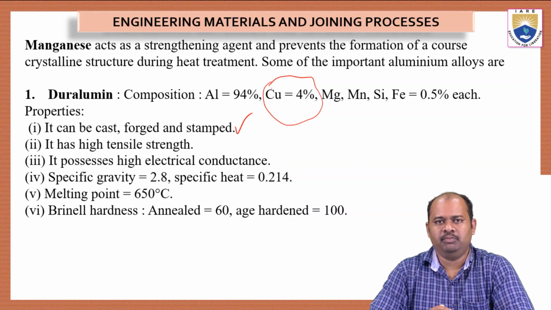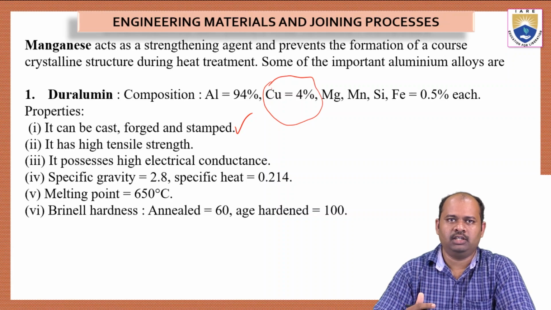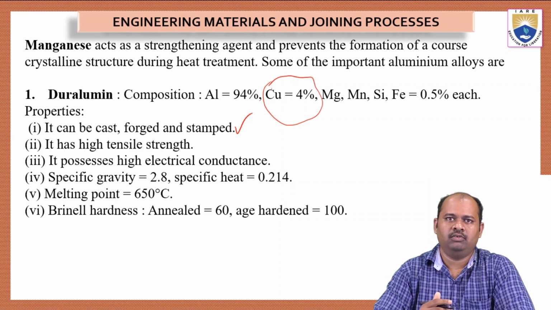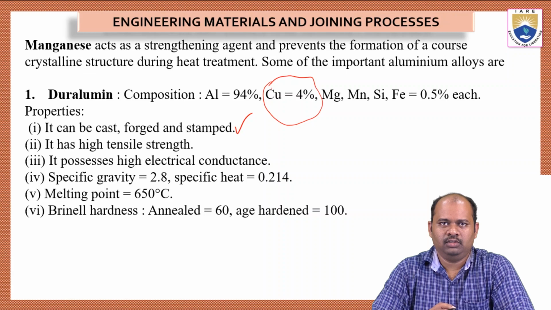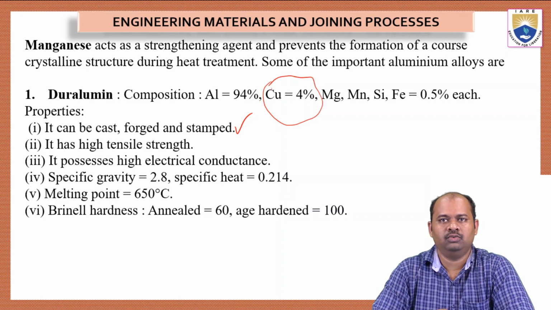That means it can be used to make wires for electrical conduction, for transfer of electricity from substations to our domestic homes. So these wires can be prepared with duralumin. And then specific gravity is about 2.8 and specific heat is 0.214. So not only the properties like tensile strength and electrical conductance are improved, but the specific gravity is also developed here.